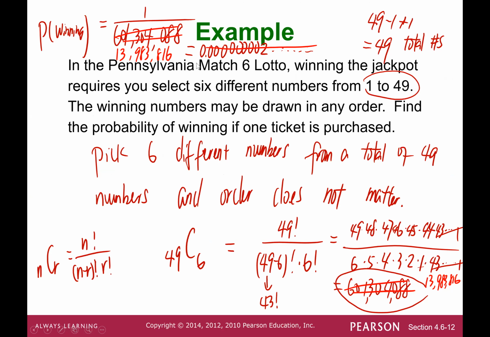So this should be 1 over 13,983,816. All right, so this turned out to still be a very tiny number, 0.00000072. Okay, the probability is still almost like impossible.